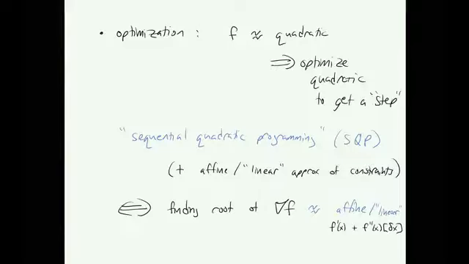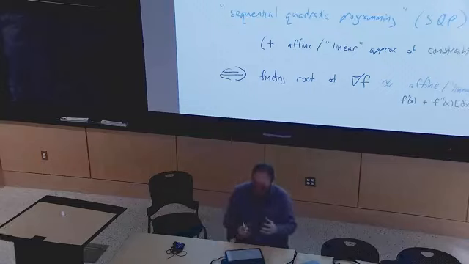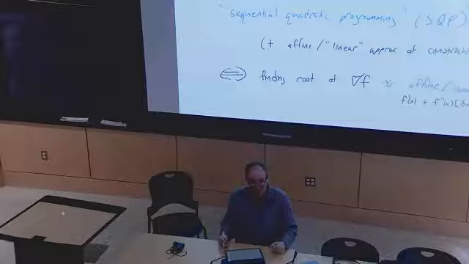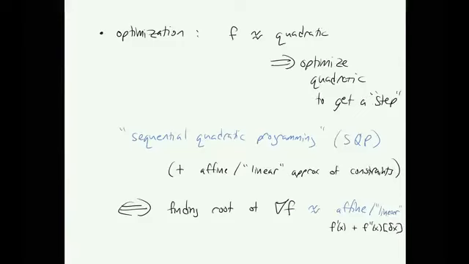And if you're trying to find the root of a nonlinear function, grad f, you approximate it by a linear thing and find a root of that. What's the name for that method? Newton's method. So this is just Newton's method.